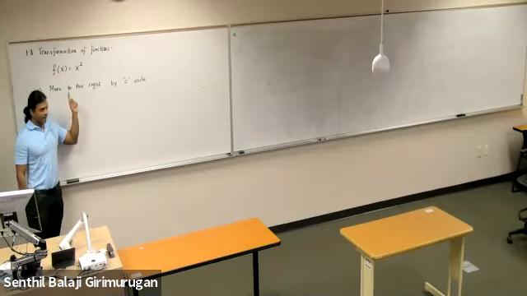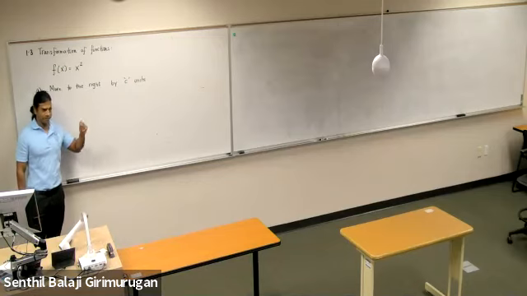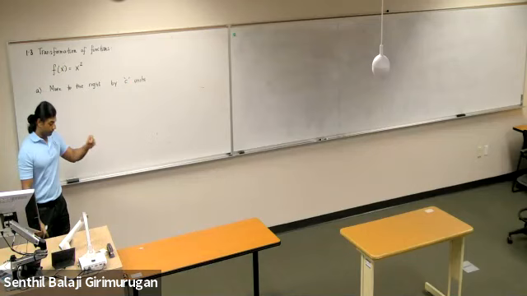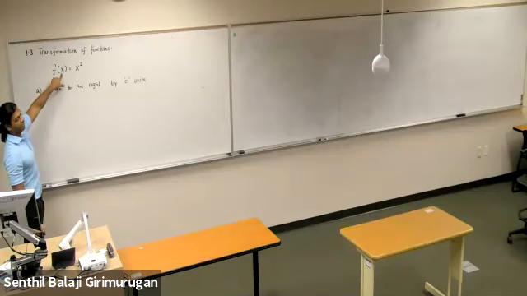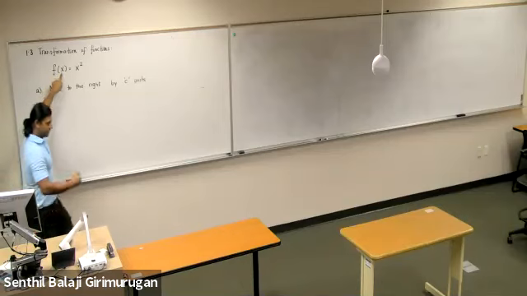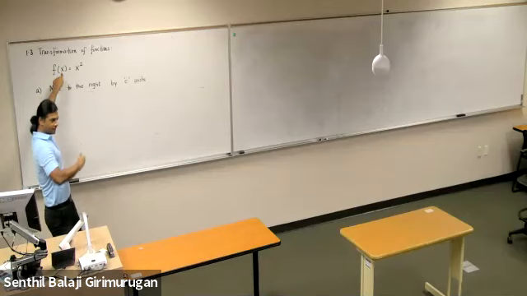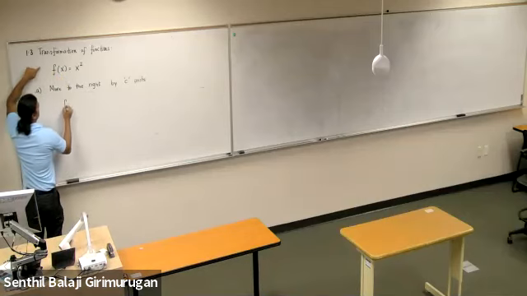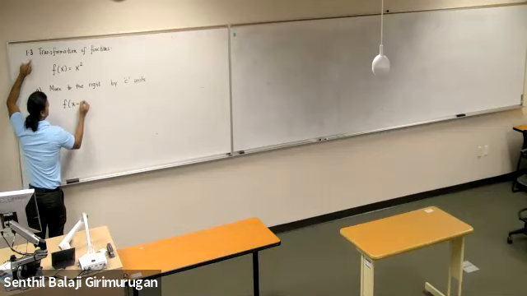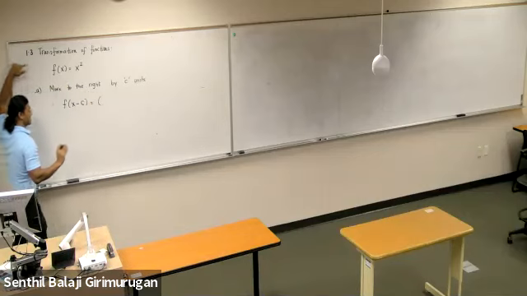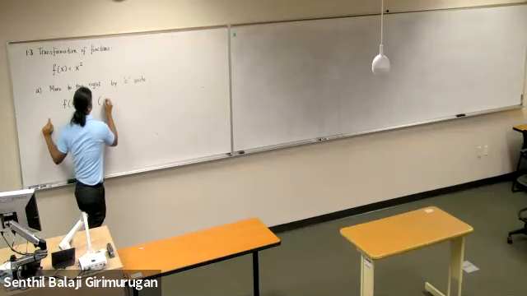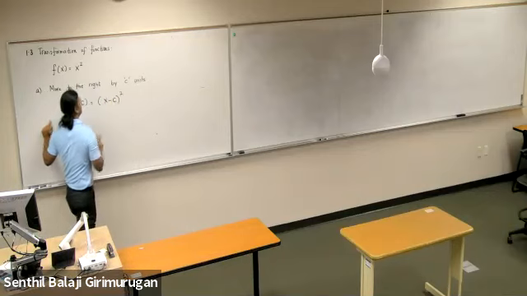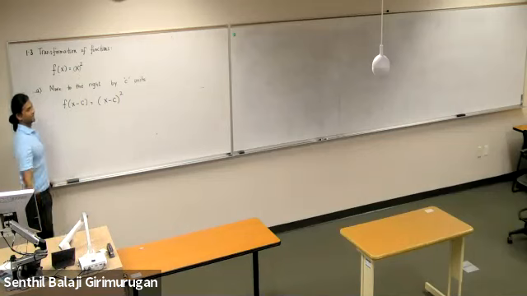I'm making a change to the x-axis because I'm moving right or left, which simply means I'm changing the x values. So I have to make a change to x. And how many steps am I taking? I'm taking c units to the right. So here, f of x minus c. Common mistake. People will put x plus c because you're going to the right, but actually it's the opposite. So I'm going to write it as x minus c squared. Of course, parentheses.